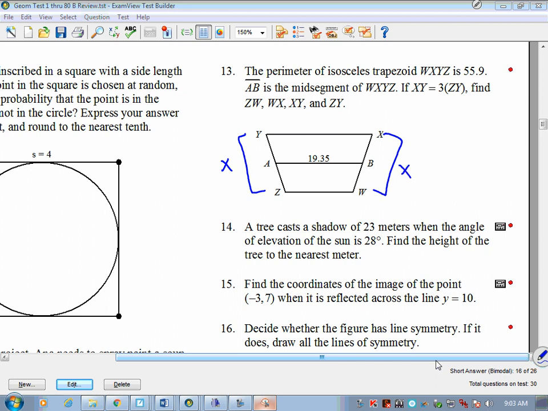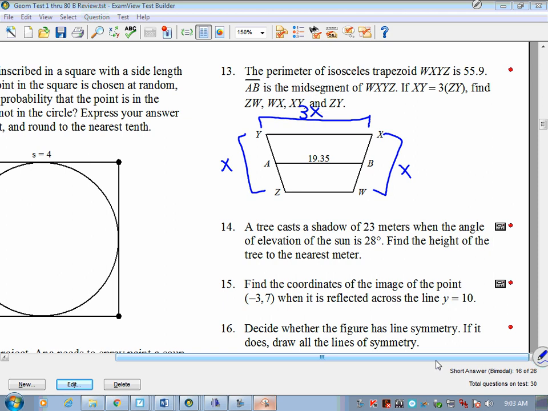Okay, we know that XY, in terms of length, is 3 times the length of ZY. Okay, and then we have an unknown. Correct? We don't know anything about ZW. We don't know if it's the same length as ZY. We don't really know a whole lot there.